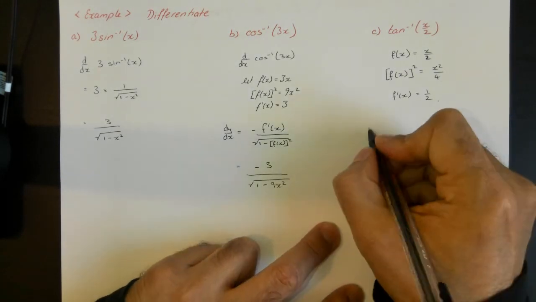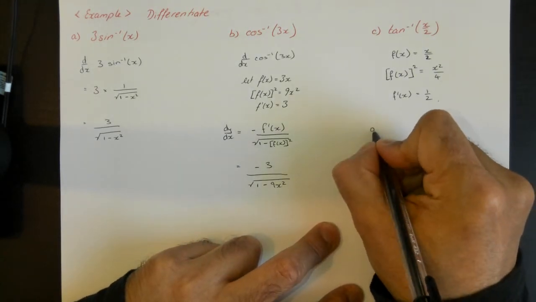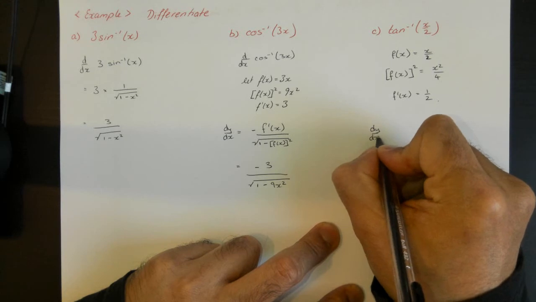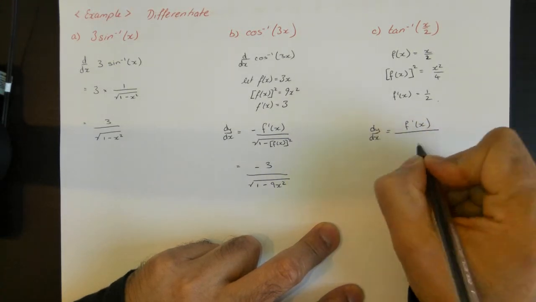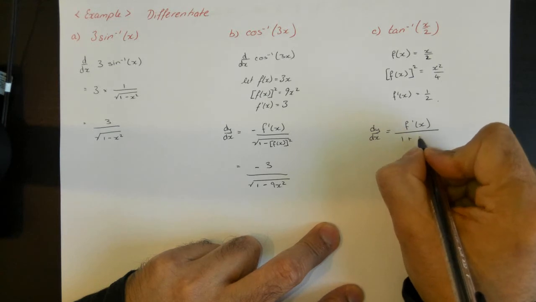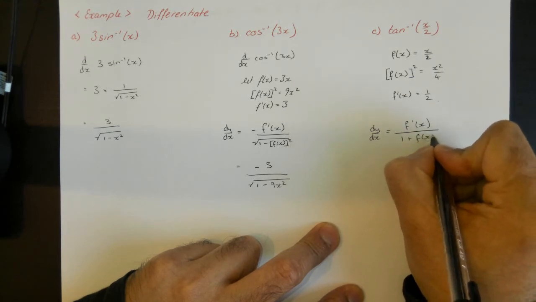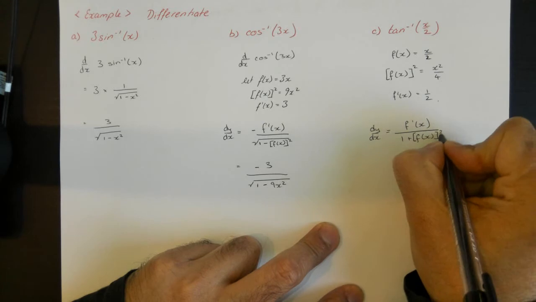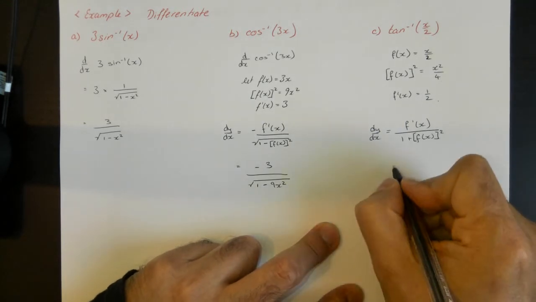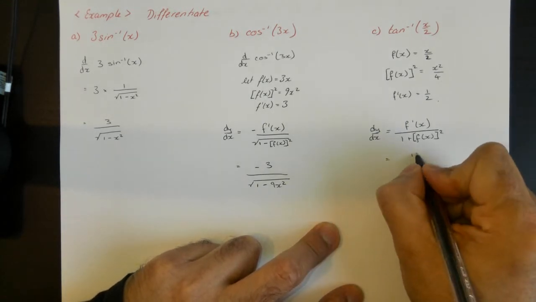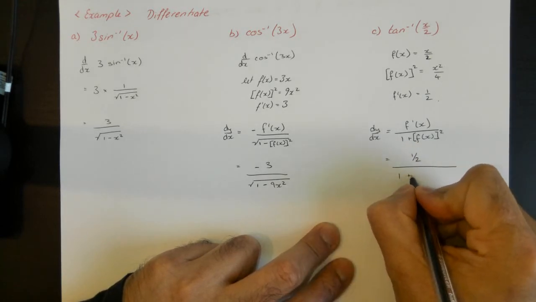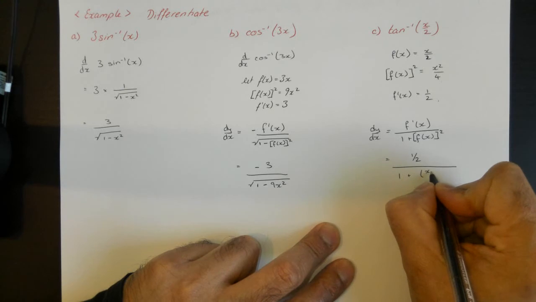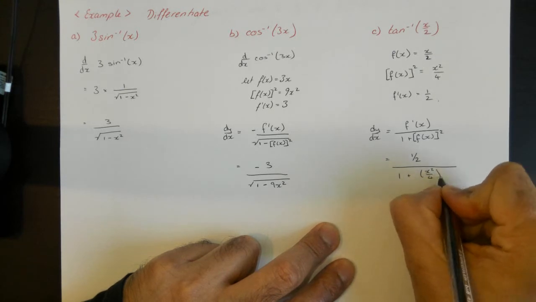The derivative of arctan is this. So plugging that in, we get a half on the top over 1 plus x squared on 4.